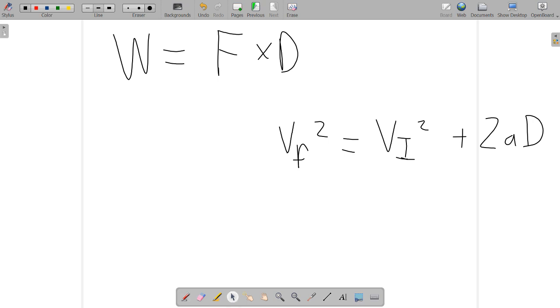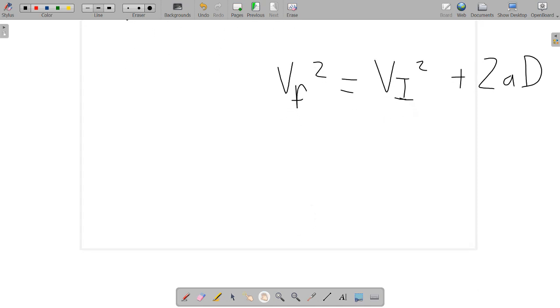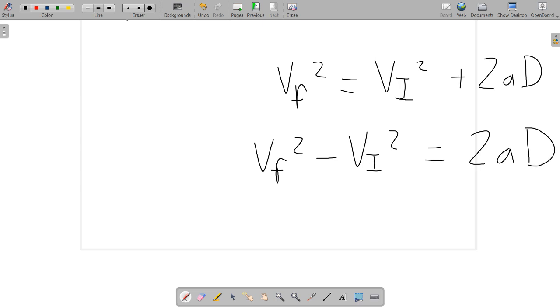So in order to solve this equation for displacement, I need to first begin by subtracting this initial velocity squared and putting this on the other side of the equal sign. So I'm going to do that now. Final velocity squared minus initial velocity squared is equal to 2 times acceleration times displacement.